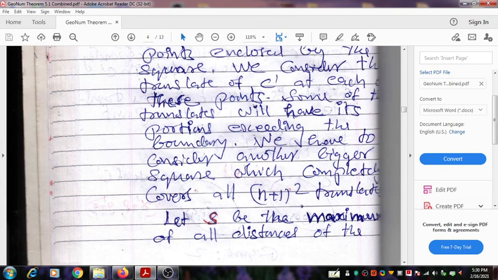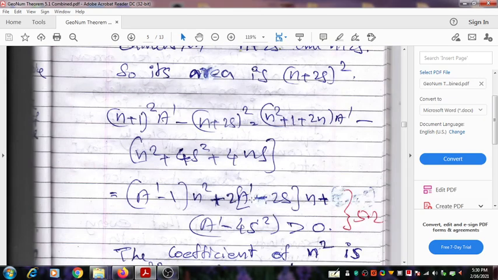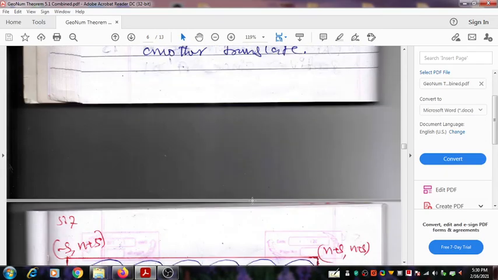I will show that. Before going to the figure again, let's complete this statement: we have to consider another bigger square which completely covers all the n plus 1 translates. Now we want to go once again to the figure.